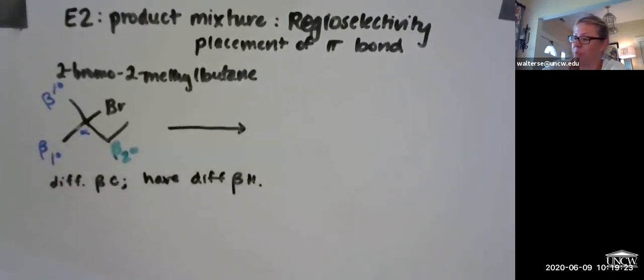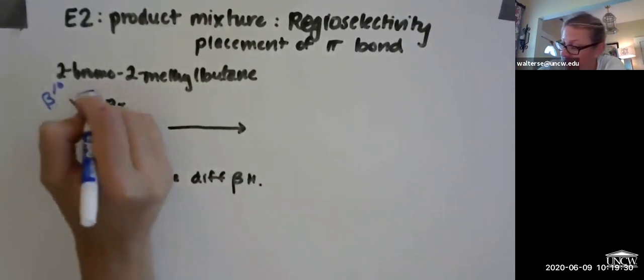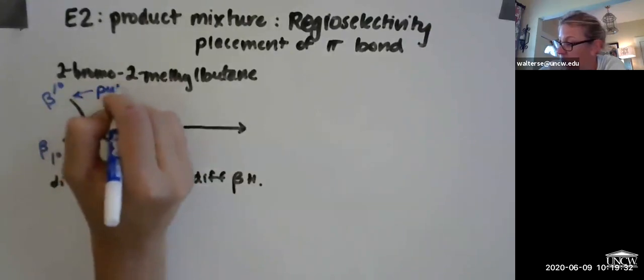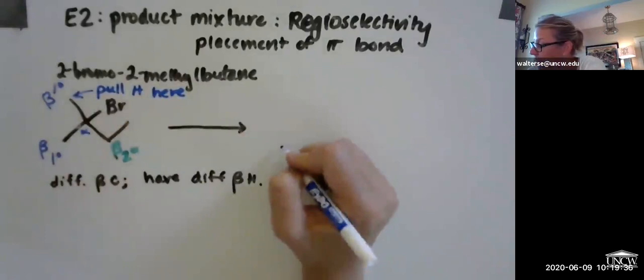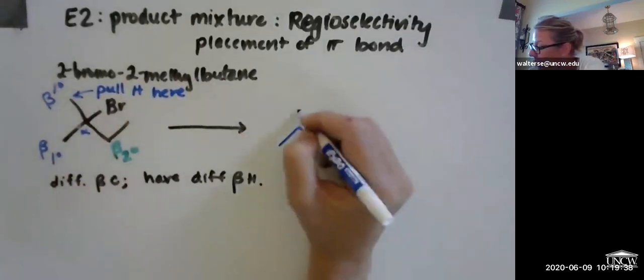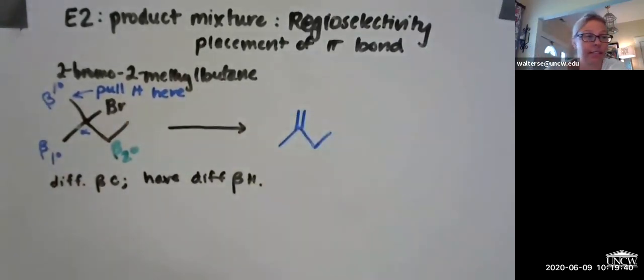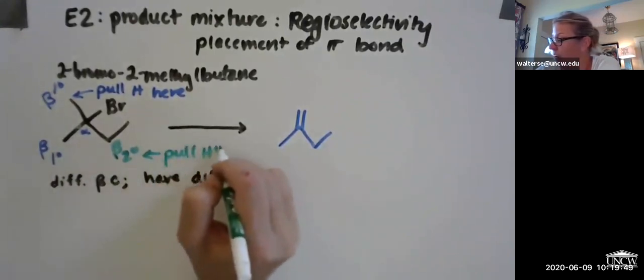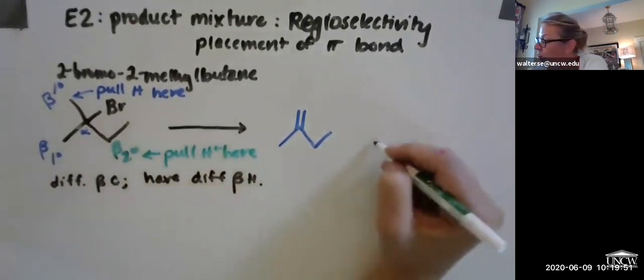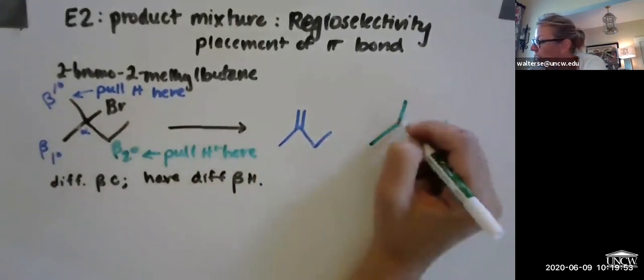So if we remove a proton with a base, I'm not going to show the mechanism, but if we remove from here, then we're going to make a product that looks like this. If we pull the proton from here, we're going to make the product in green.